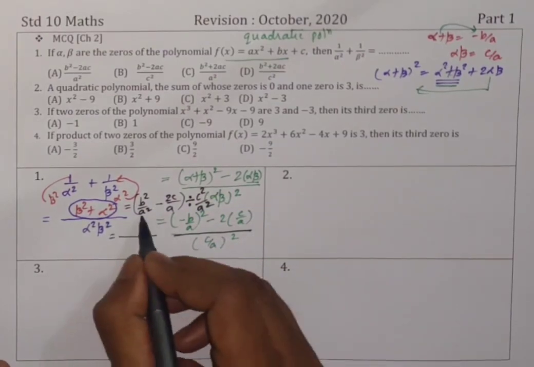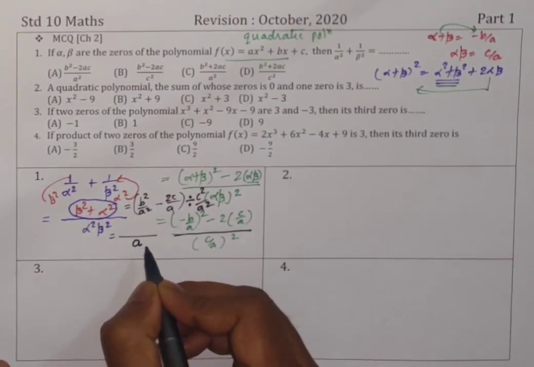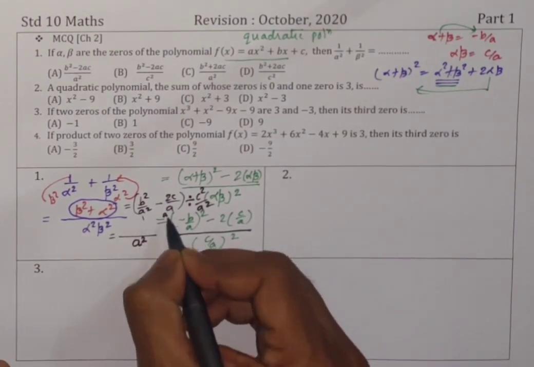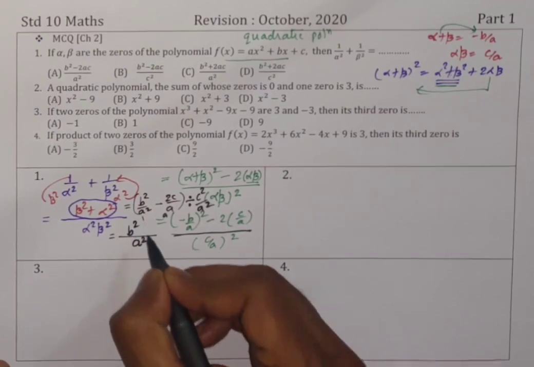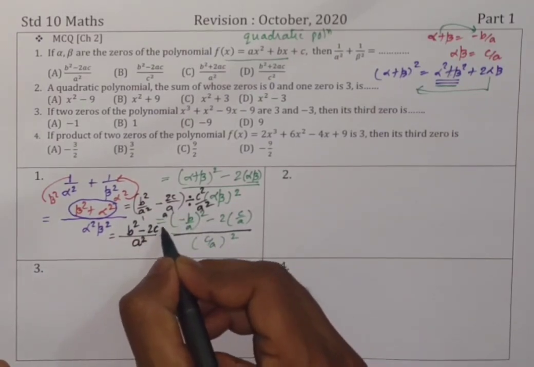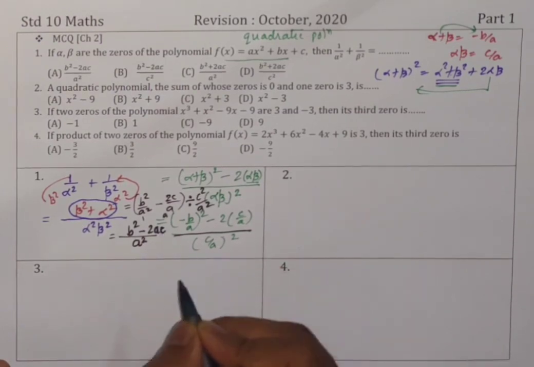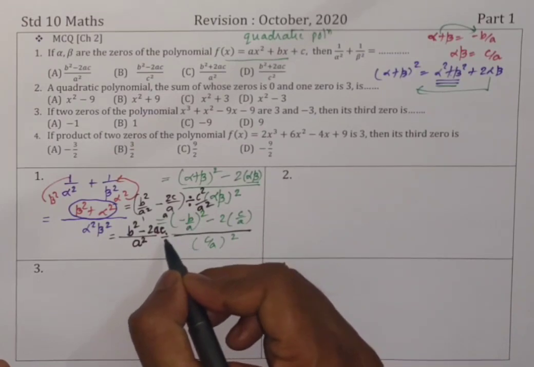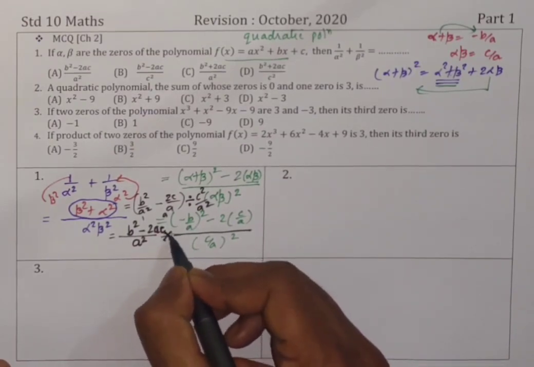That's it. Now what is the LCM of a square and a? Sorry, a square. So here 1 and here a. So 1 into b square is b square minus a into 2c is 2ac, whatever you say. Divide by this division. Let me convert it into multiplication.